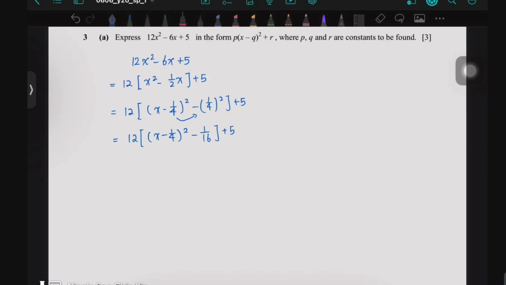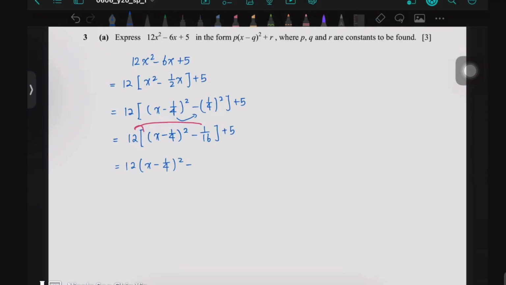So bring in my 12 for each term. Here I get 12 bracket x minus 1 over 4 square minus, okay, what do you get for the next one? 12 over 16. Okay, I will have 6.